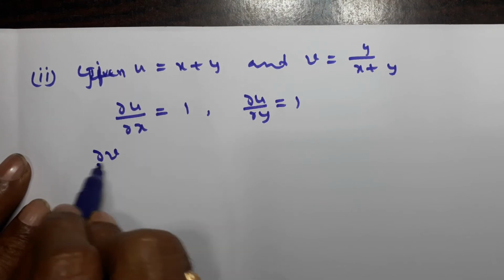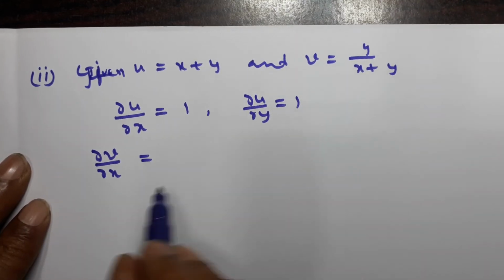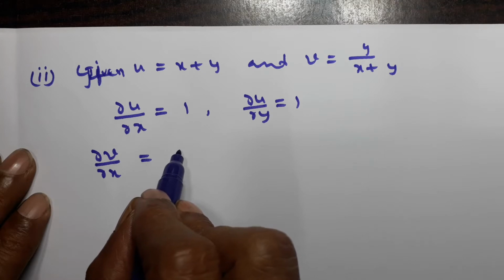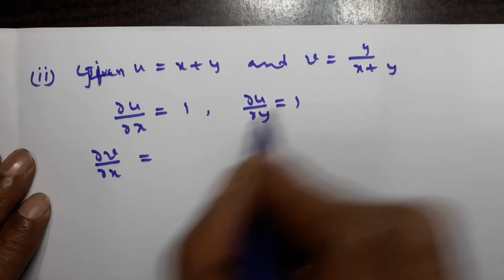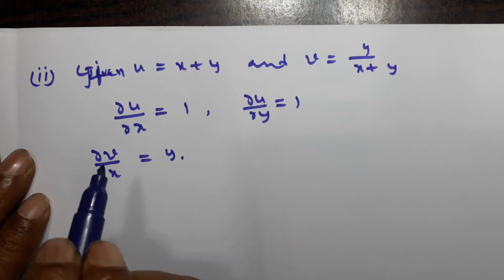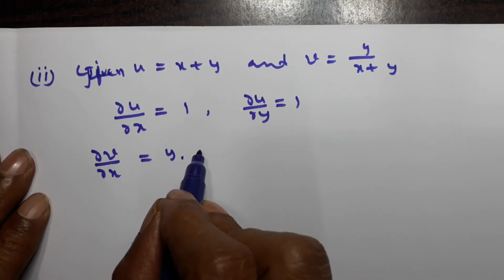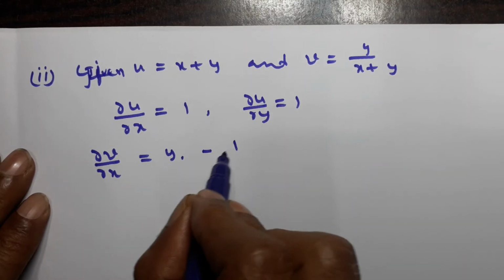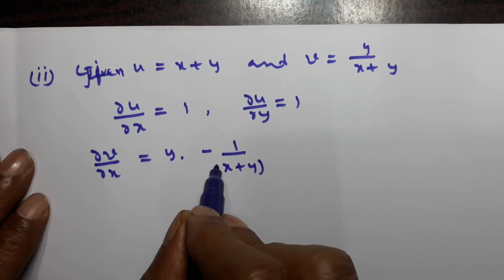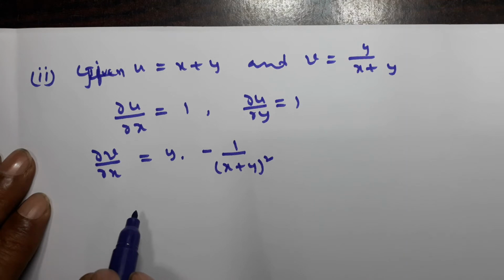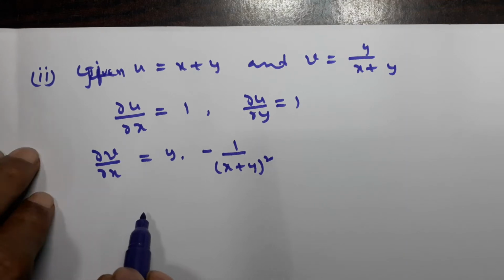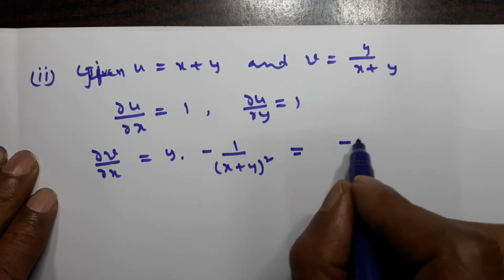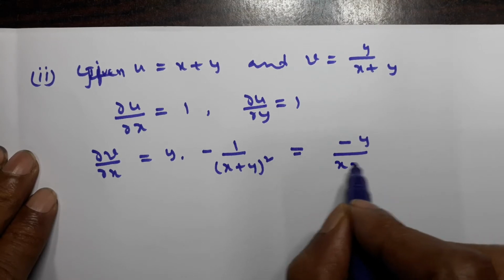Next, dou v by dou x: v differentiated with respect to x, as y is constant, x plus y differentiated, take it to the numerator, so it is minus 1 by (x plus y) whole square, is equal to minus y by (x plus y) whole square.